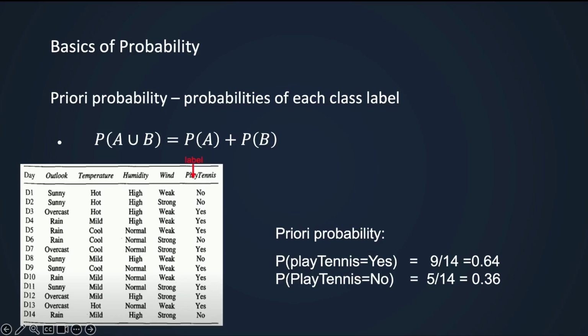So, the prior probability of playing tennis equivalent to yes is 9 by 14, that is 0.64. Similarly, the prior probability of a person playing tennis equivalent to no in our data set is 5 by 14, that is 0.36. This is the prior probability calculation.